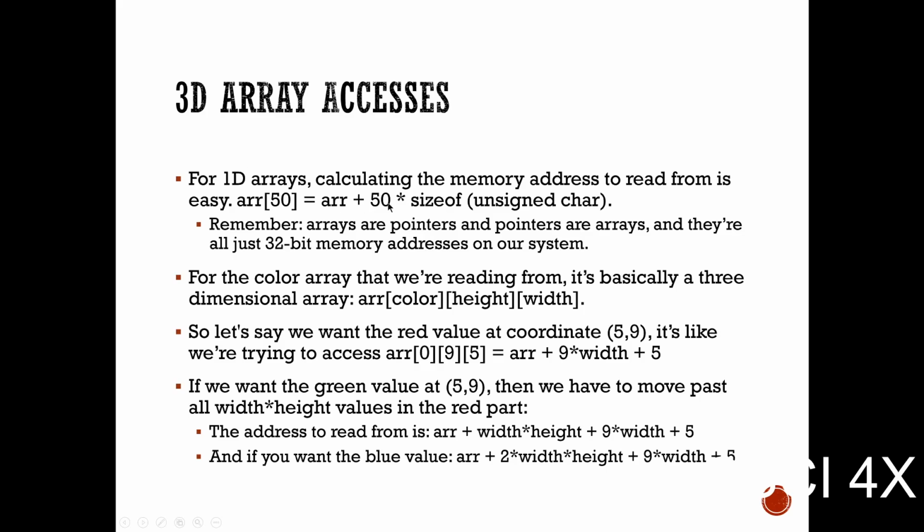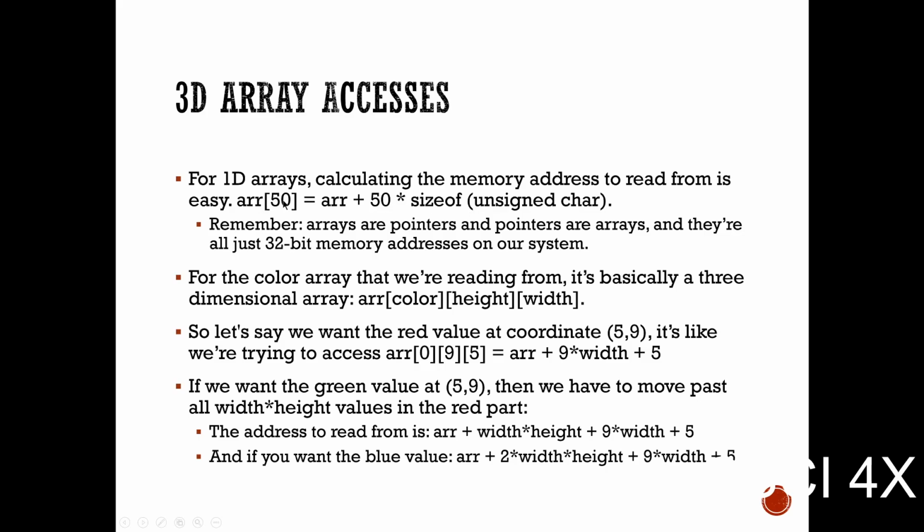I think we've gone over this enough times, but basically, for a 1D array, the one thing to always remember, guys, is that whenever you access element 50, it's going to be the base plus the offset, and the offset is the index times the size of the data type, right?